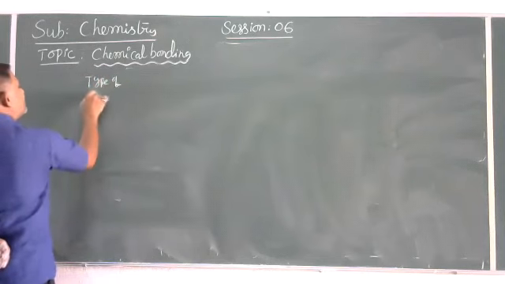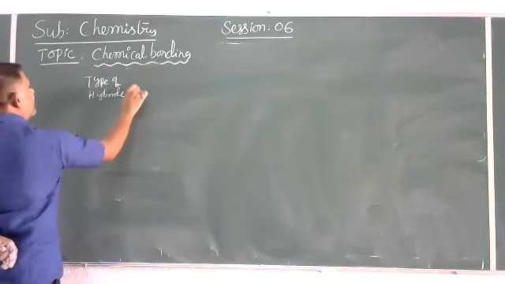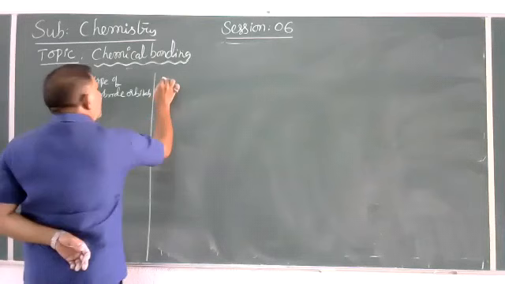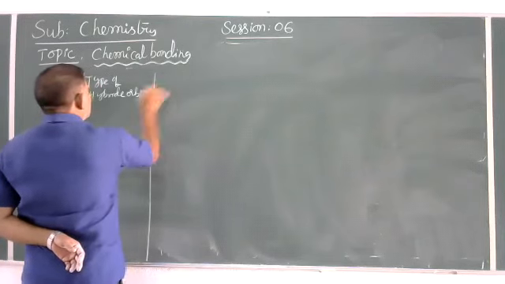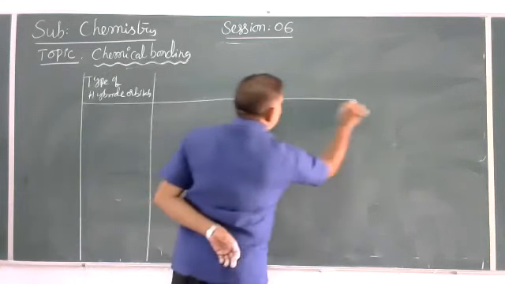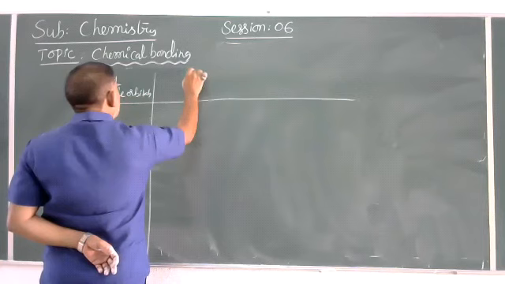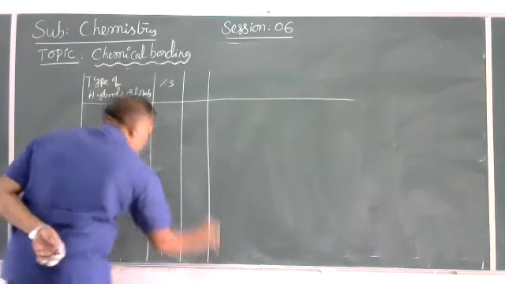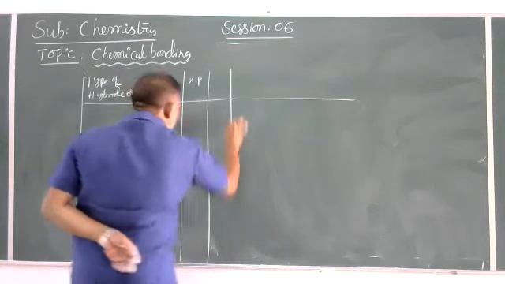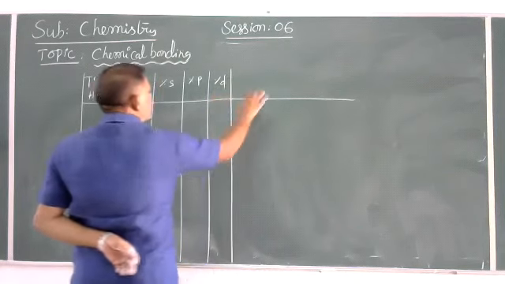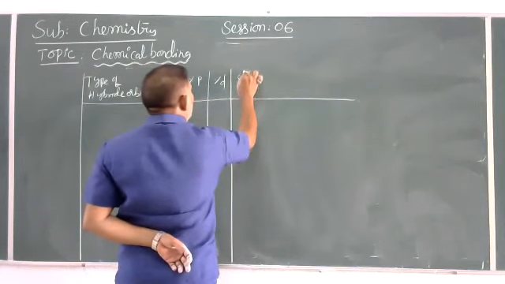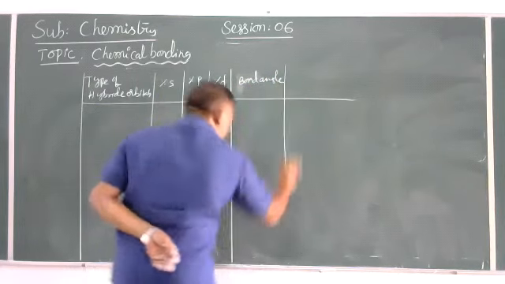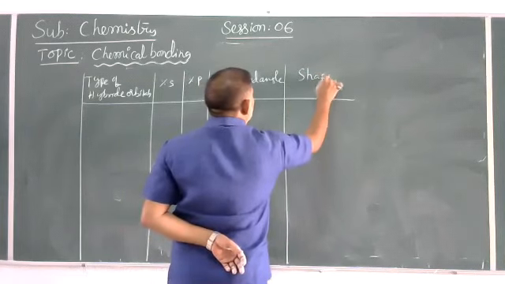Columns: type of hybridization, hybrid orbitals, percentage of s character, percentage of p character, percentage of d character, bond angle, and finally the shape of the molecule.